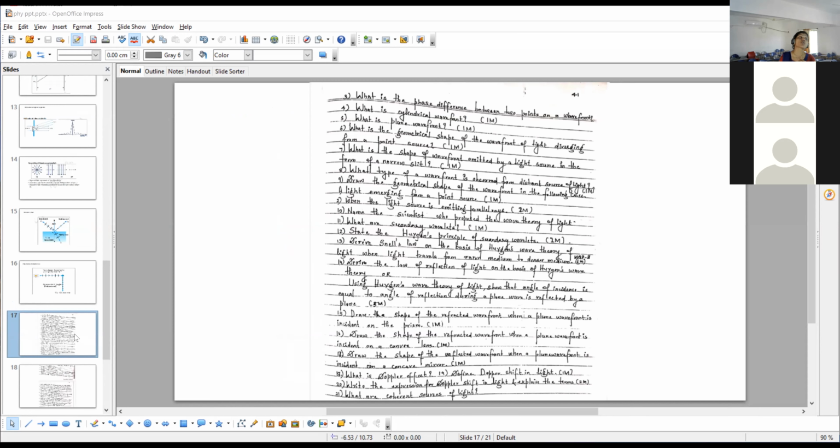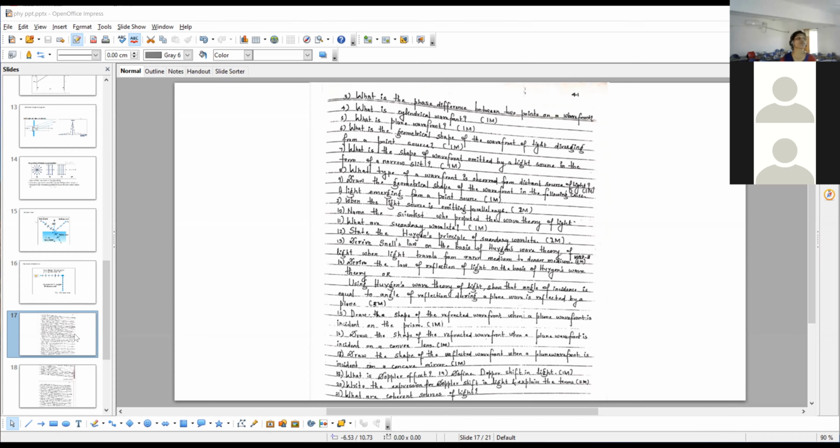What is a cylindrical wavefront, what is a plane wavefront, what is the geometrical shape of a wavefront of light diverging from a point source. These are some of the 1 mark questions. What type of wavefront is observed from a distant source of light? Draw the spherical shape of the wavefront in the following cases: light emerging from a point. They may ask to draw the diagram for 1 or 2 marks also.